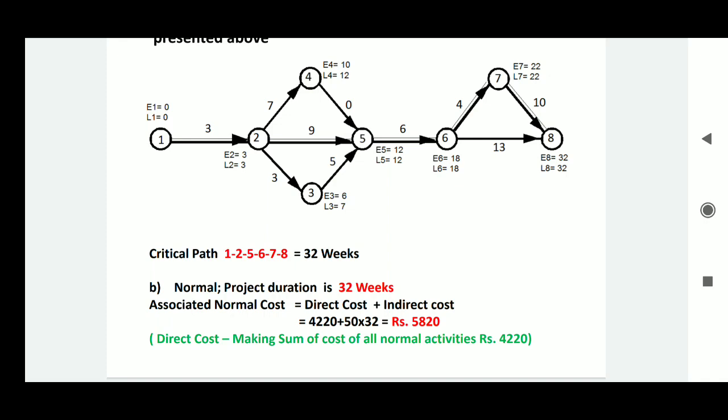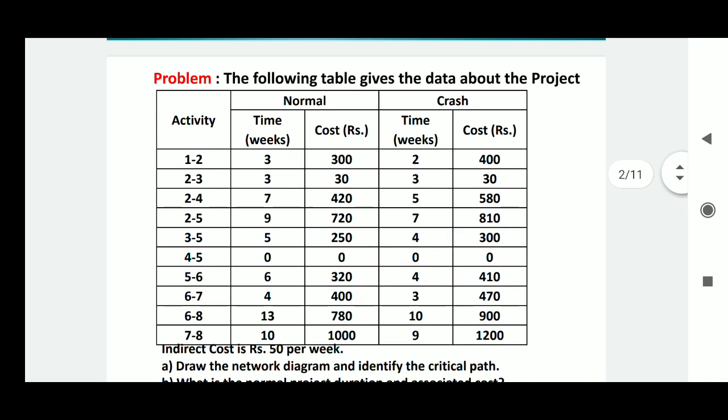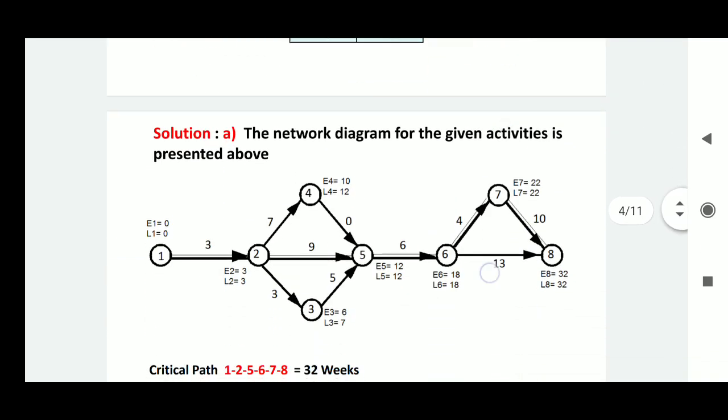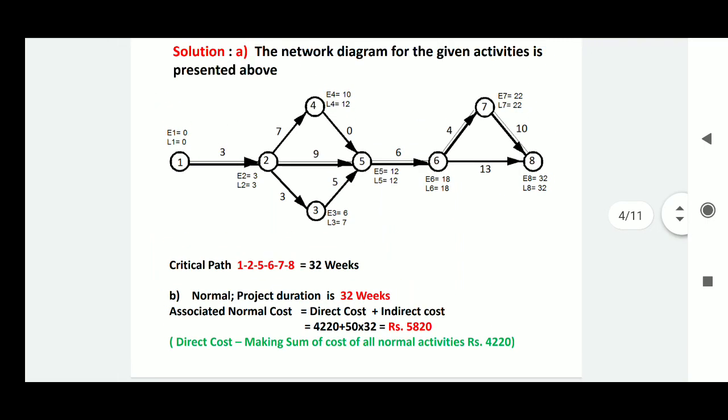Direct cost is the sum of the normal costs in column number 3 for all the activities, around 4220, plus 50 multiplied by 32, where 50 is the indirect cost per week and 32 is the total duration in weeks. So the total is 5820, the normal cost required for the project for the duration of 32 weeks.